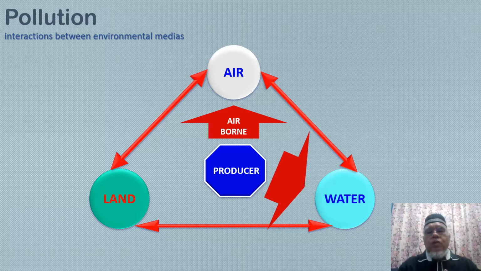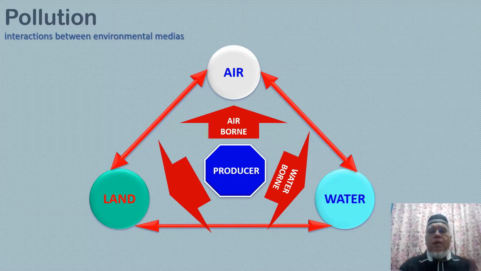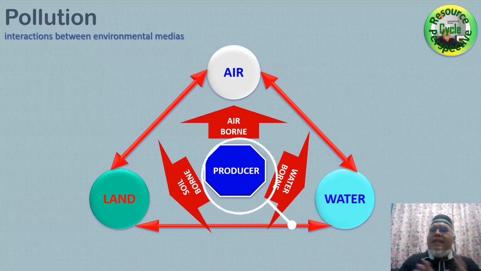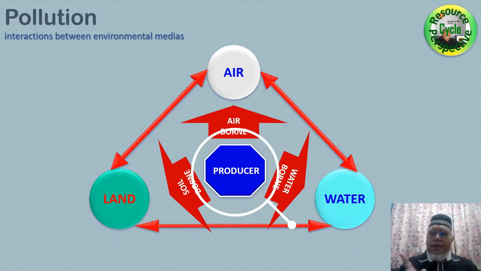Air, water, and land are the main media of our environment or ecosystem. They consist of natural resources. We rely on and use these resources, and they are interacting. When one is polluted, degraded, or depleted, it will affect the other.